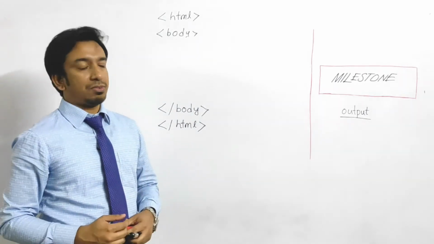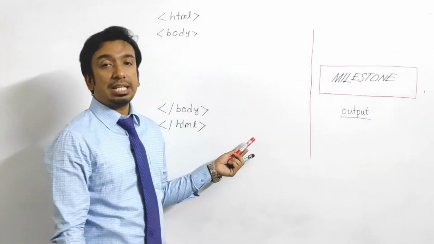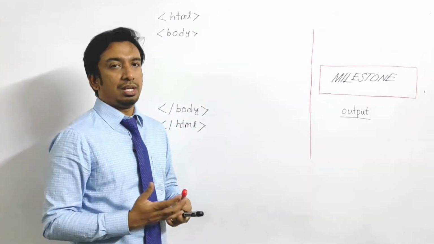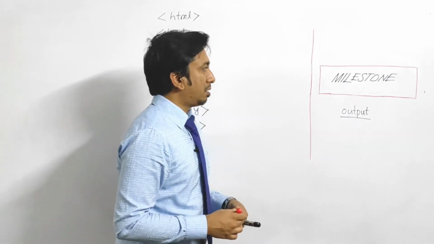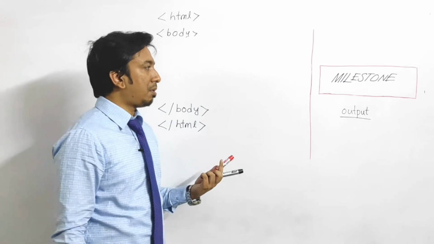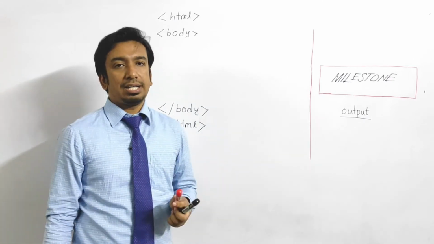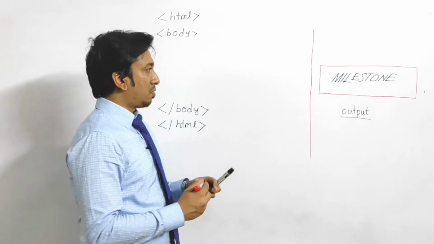So students, you can see another example, milestone in italic format. How to write this type of format, and we have to show the output in italic format. So you have to know how to write italic format. We have to use the i tag for italic. So how to write?